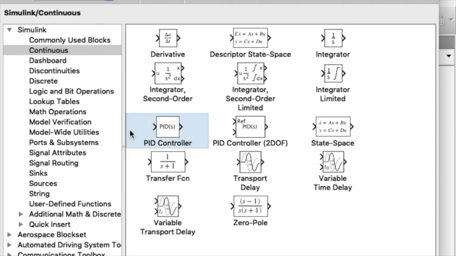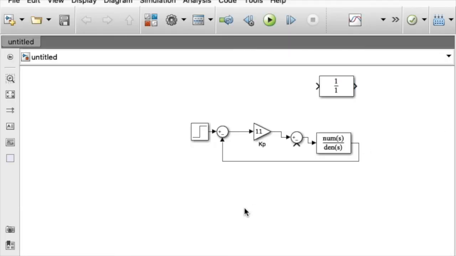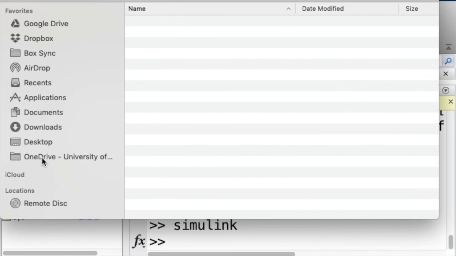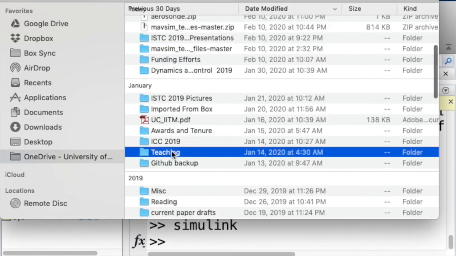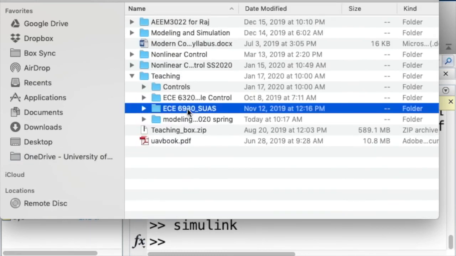Let's use PID for now. Well, I'll get back to you guys on how to get a transfer function. I think I know where I can find it. Sorry, guys.